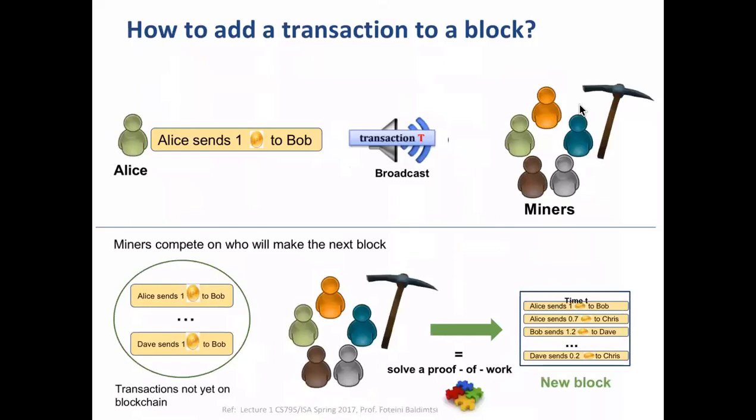Now each miner has a set of transactions it has received. After some time, when a certain number of transactions have arrived, they will start working on proof of work, which is a kind of quiz, a puzzle.